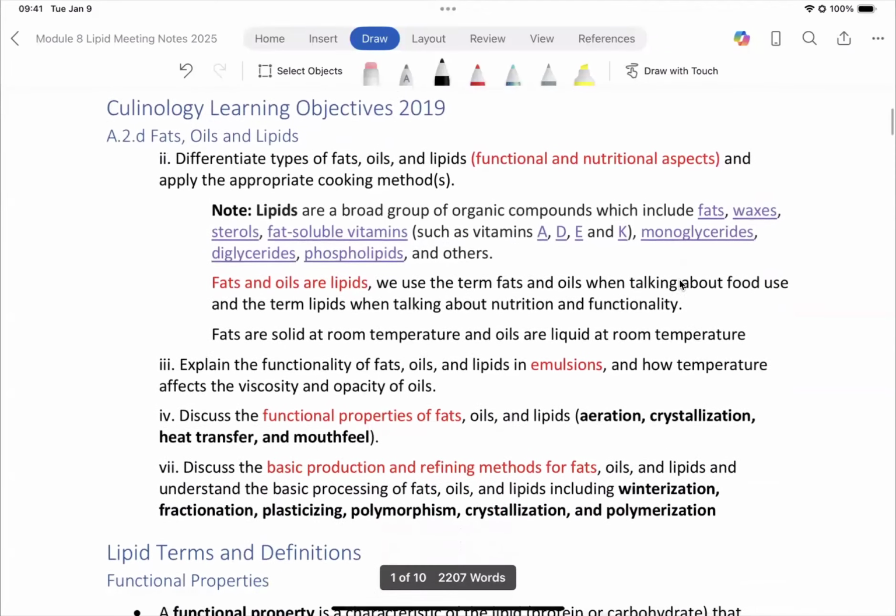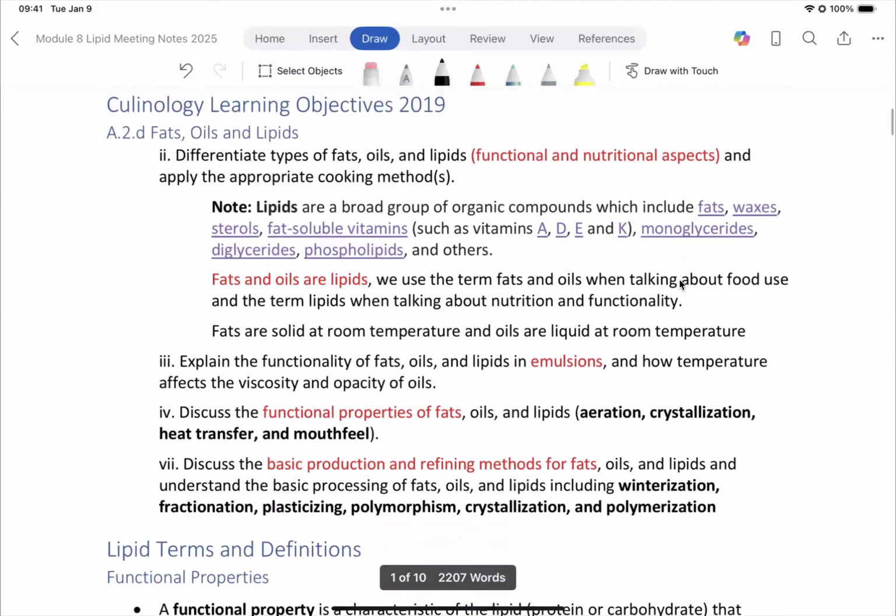So the learning objective for today is to differentiate the types of fats, oils, and lipids, and then it says functional and nutritional aspects, so we're going to look at that a little bit.